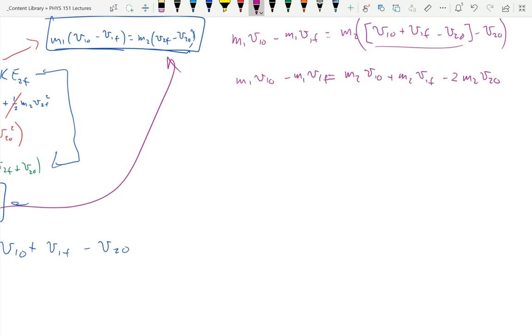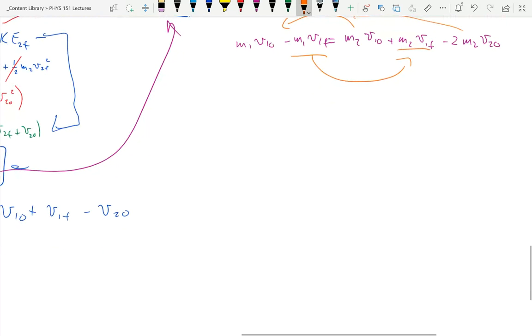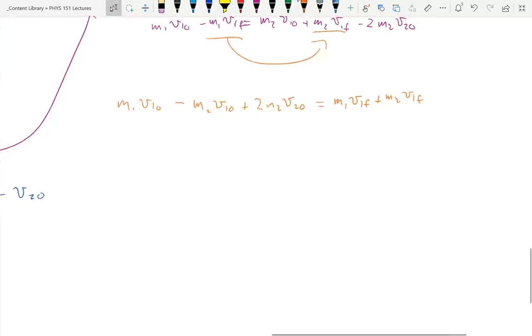So now I'm solving for V1 final. So I have V1 final here and here. So I'm going to move this across, which means I better move those two over. So I have M1 V1 initial minus M2 V1 initial plus 2 M2 V2 initial equals M1 V1 final plus M2 V1 final. Factor out the V1 final on the right-hand side.